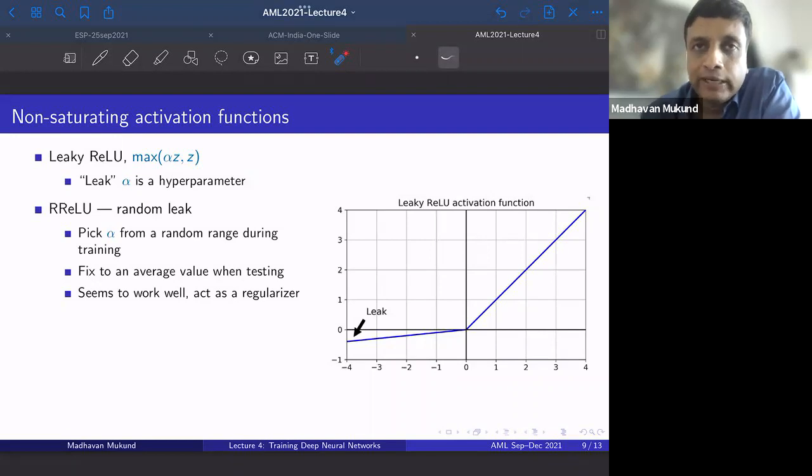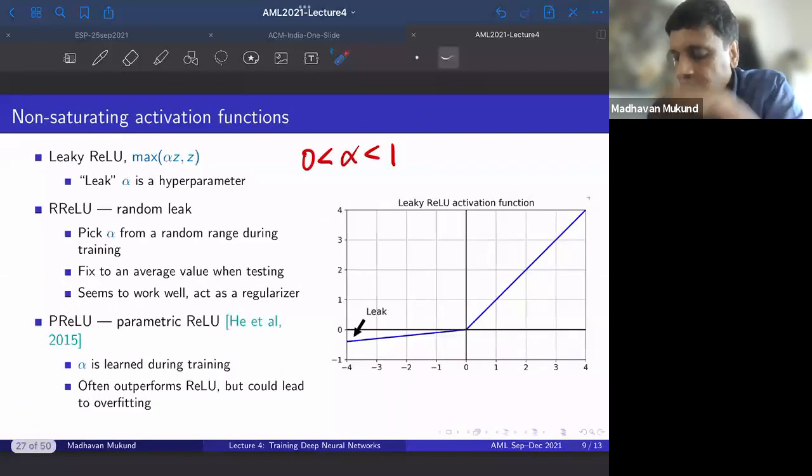When you do the forward pass, you have to compute this A, so you have to use some alpha for that. So what alpha do you use at the end? Because you use a large number of alphas during the training period, since each time you're picking one at random. So what they say is you keep track of all these alphas that you have chosen and you take the average. Now why this should work is not very clear, but it does seem to work.